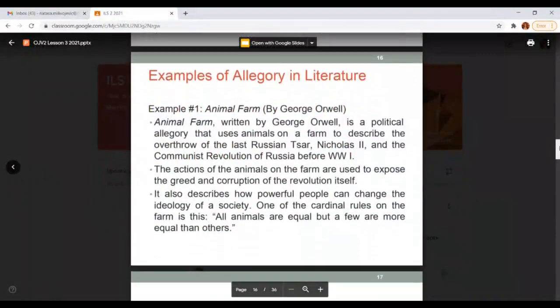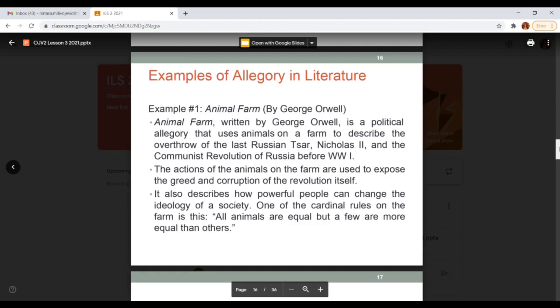And probably one of the most popular and also at the same time most famous examples of allegory in literature of all time is Animal Farm, written by George Orwell, that you probably read and know about.